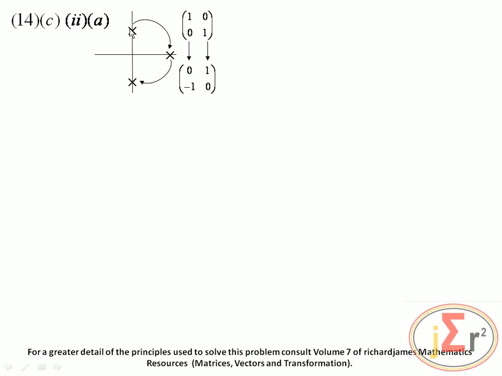If we subject that to a clockwise rotation of 90 degrees, it will come right there, from (0, 1) to (1, 0). So that's the point that we are going to have. And then this entire matrix will represent the rotation of 90 degrees about the origin.